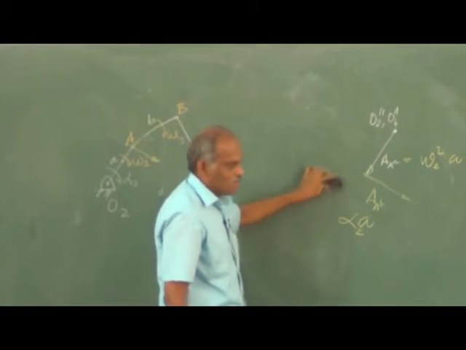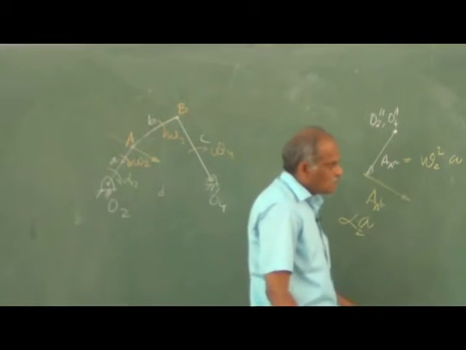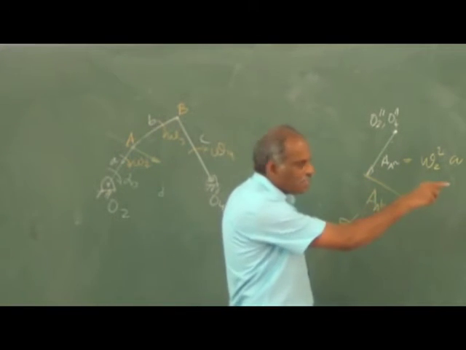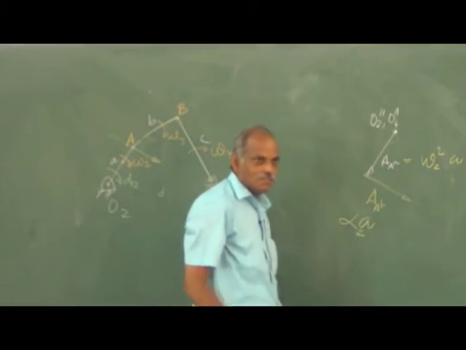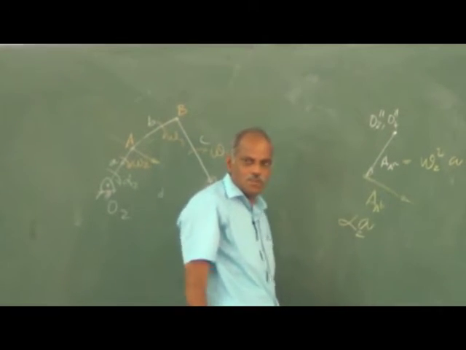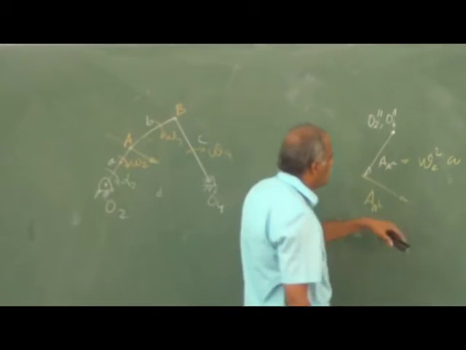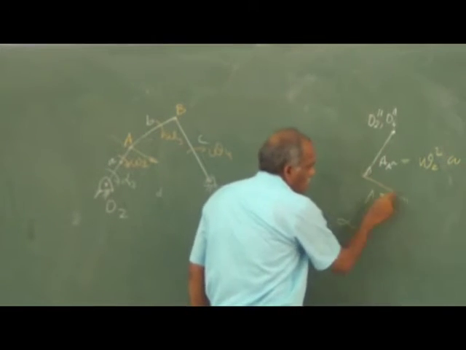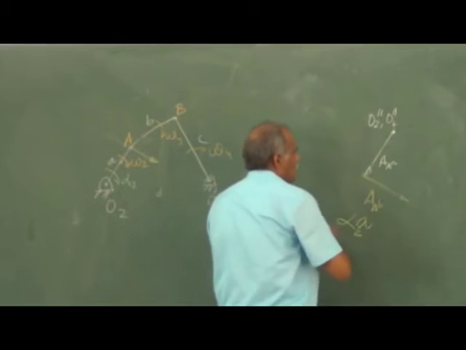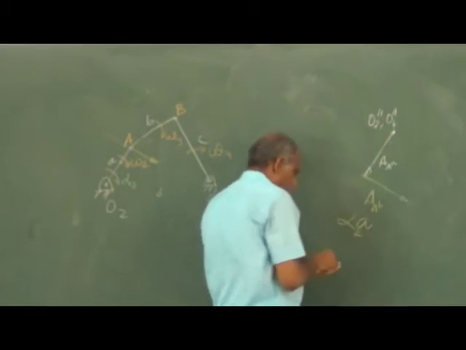So the sum of these two, whatever we have derived are all vectors, each one term is a vector. So vector sum of the normal component and the tangential component will give me the net acceleration. So this plus this. So I can connect this from here to here.